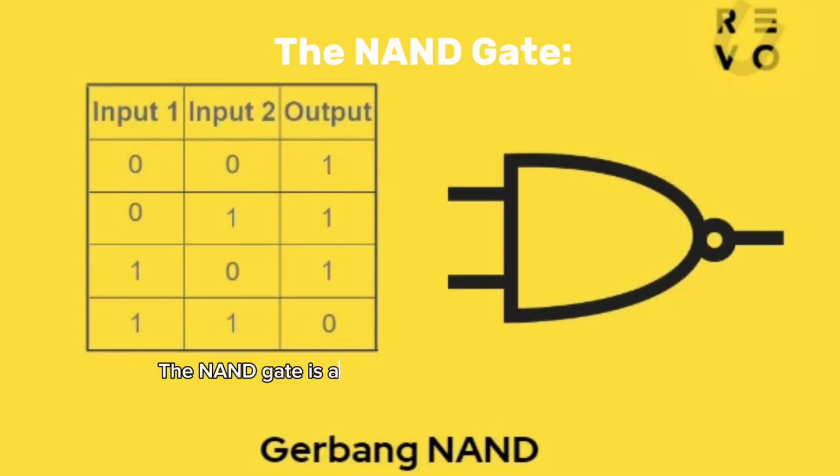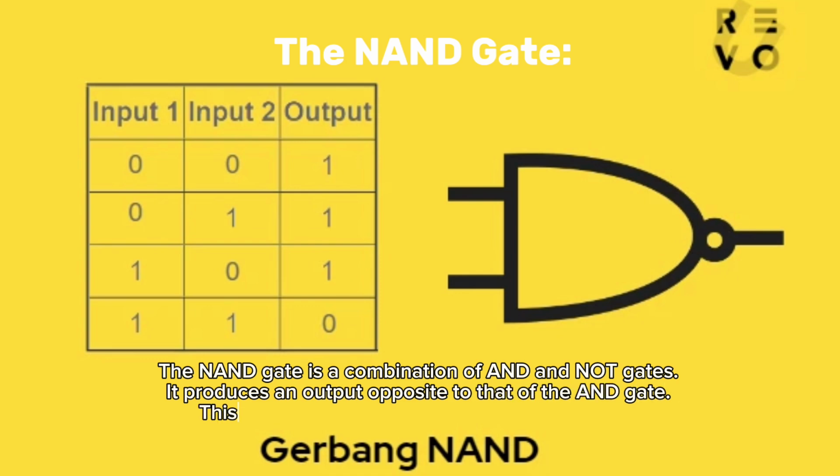The NAND gate is a combination of AND and NOT gates. It produces an output opposite to that of the AND gate. This means the output is 0 only if all inputs are 1.